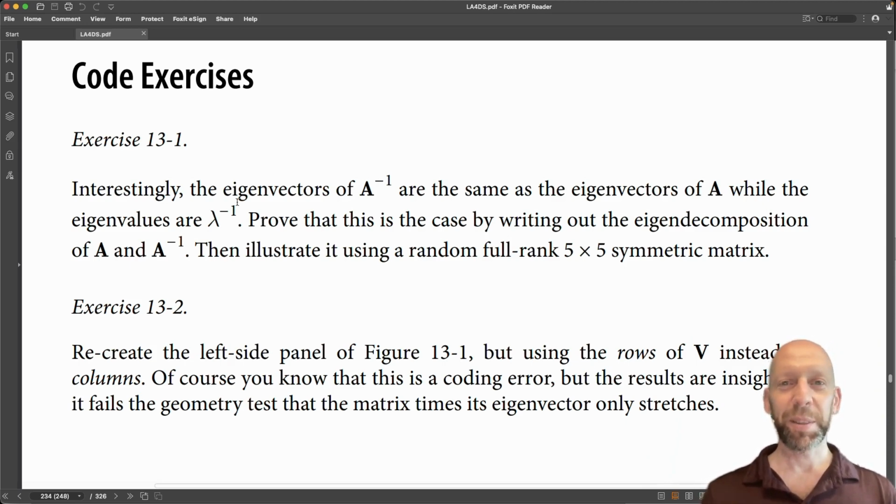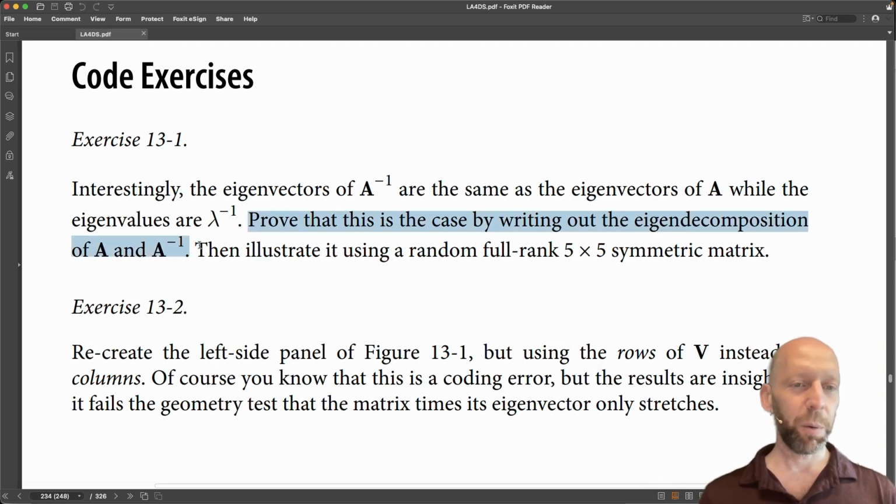So that's a curious feature of eigendecomposition and the matrix inverse. And I ask you to do two things here. First is to prove this, and second is to illustrate it empirically with a random numbers 5 by 5 matrix. Okay, so now I'll walk you through both.